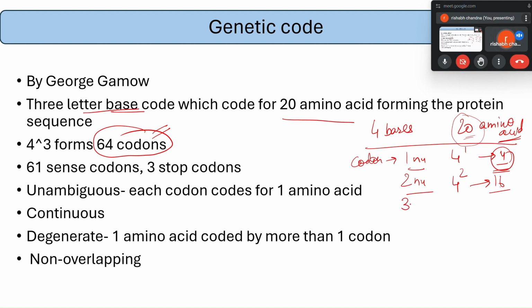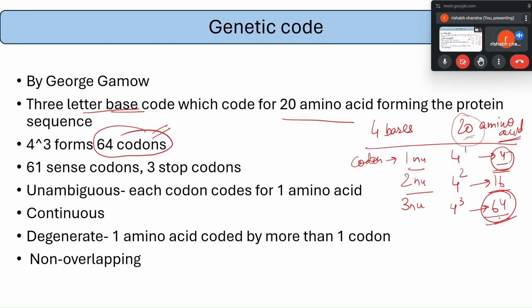Now if we consider a codon to be a three-nucleotide sequence, this gives 64. So now we have a sufficient number of codons, and an amino acid can be coded by different codons.